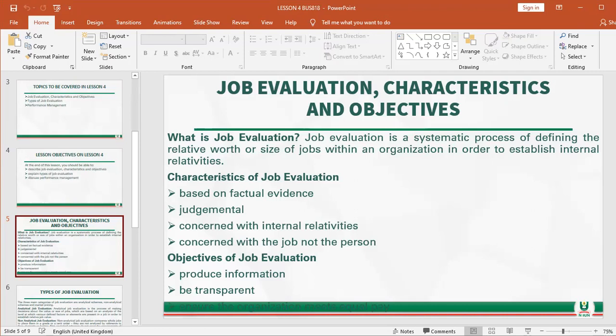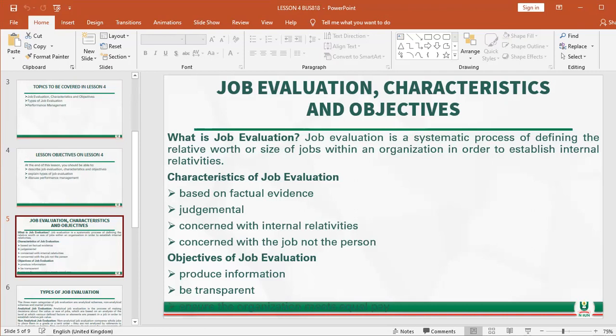It's a process, because once there's evidence, once it's clear that this is what is supposed to be, then the human judgment will come into place to say, okay, the information provided about this job, is it clear that this set of people should be under this pay structure? Do you understand? So that human judgment is also a characteristic when trying to analyze job evaluation.